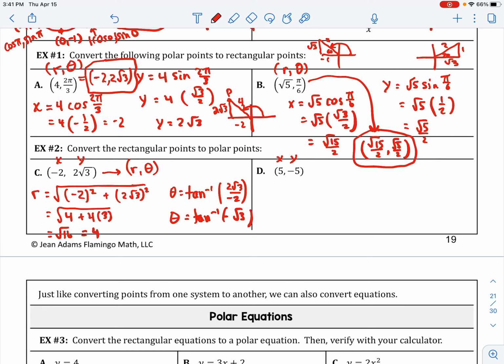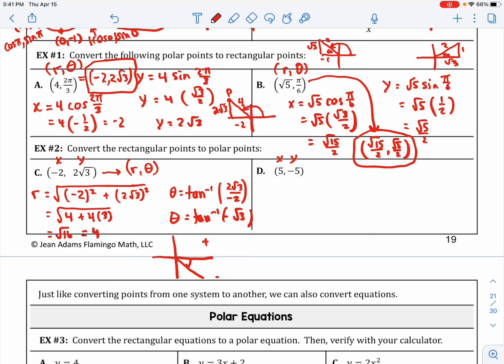Now for inverse tangent, I'm going to tell you that typically with inverse tangent, if it's positive, we go to the first quadrant. If it's negative, we go to the fourth.